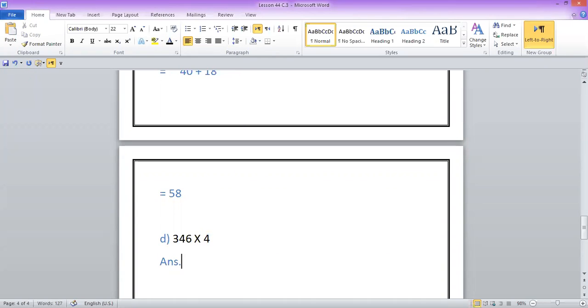It is 346 by 4. So you can write 346 in how many ways? Can you expand 346? Yes. How can you write it?